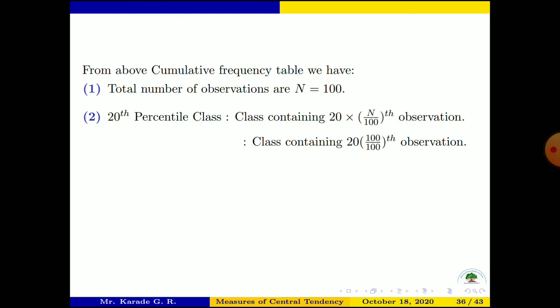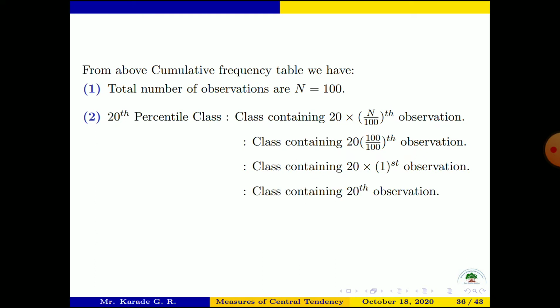That is, the class containing 20 into 100 upon 100th observation, so finally we have the class containing the 20th observation.